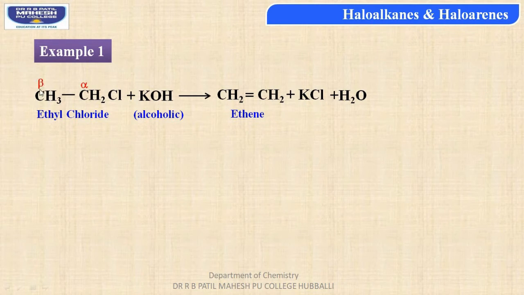As a result, carbon-hydrogen bonding electrons would be given between carbon-carbon to form a double bond, that is alkene molecule. Simultaneously, the removal of the halogen as chloride anion occurs, and this chloride anion combines with K+ ion present in the solvent to form KCl molecule.